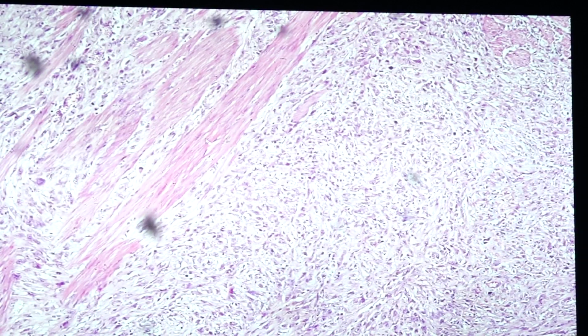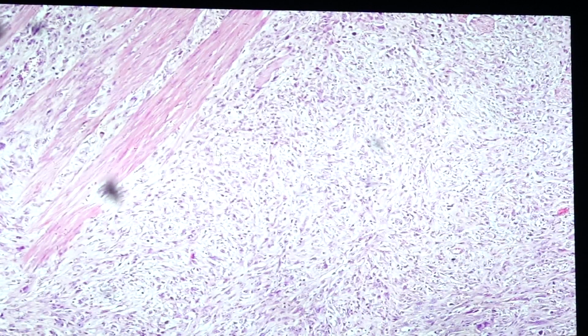Again, you try to look at the other areas. This would be adjacent to smooth muscle fibers. In order to differentiate this one from other spindle cell tumors, we use smooth muscle actin, that's SMA, and desmin to highlight the spindle cells. And if it's positive, then it's leiomyosarcoma.